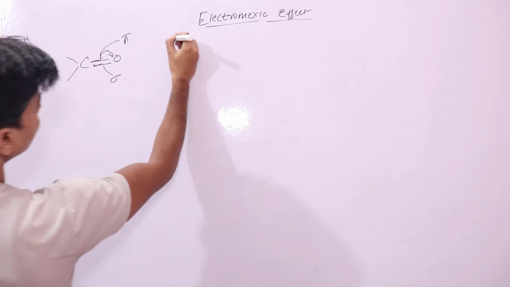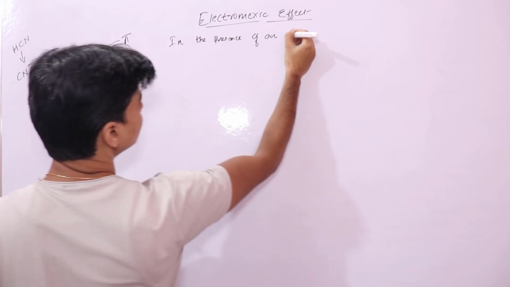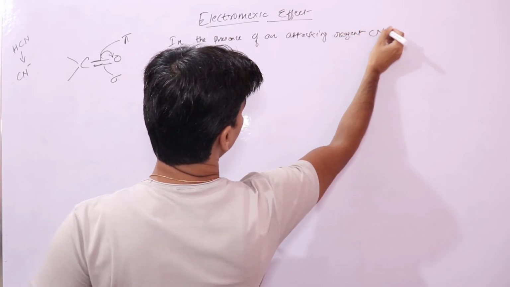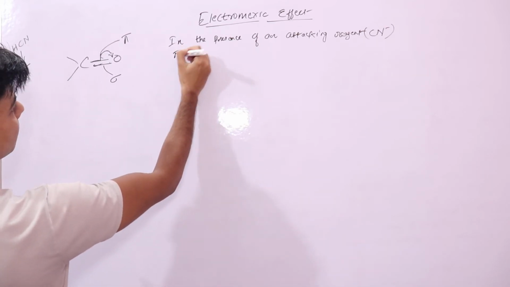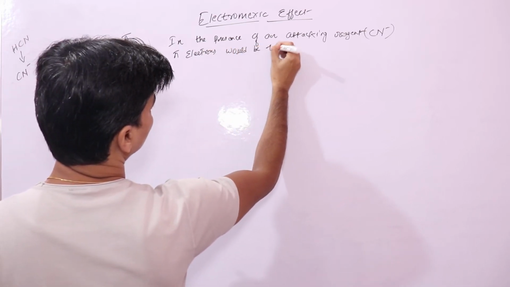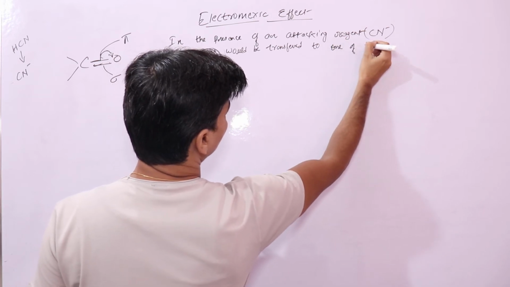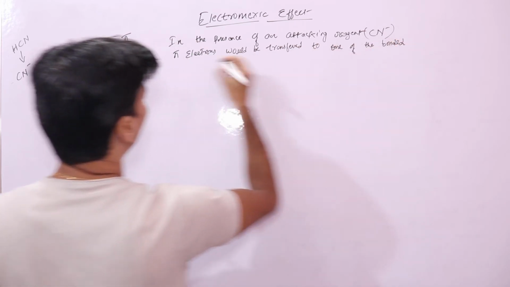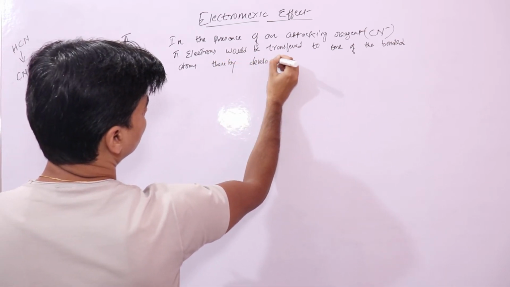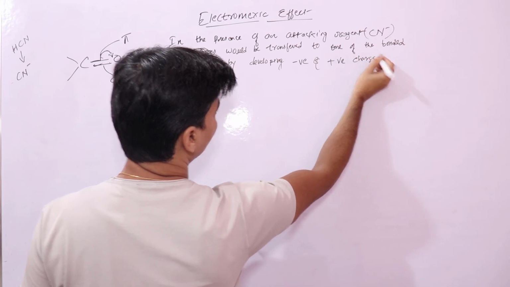So I'll just mention it over here. In the presence of an attacking reagent, for example, here we have taken the cyanide ion, pi electrons would be transferred to one of the bonded atoms, thereby developing negative and positive charges, right?